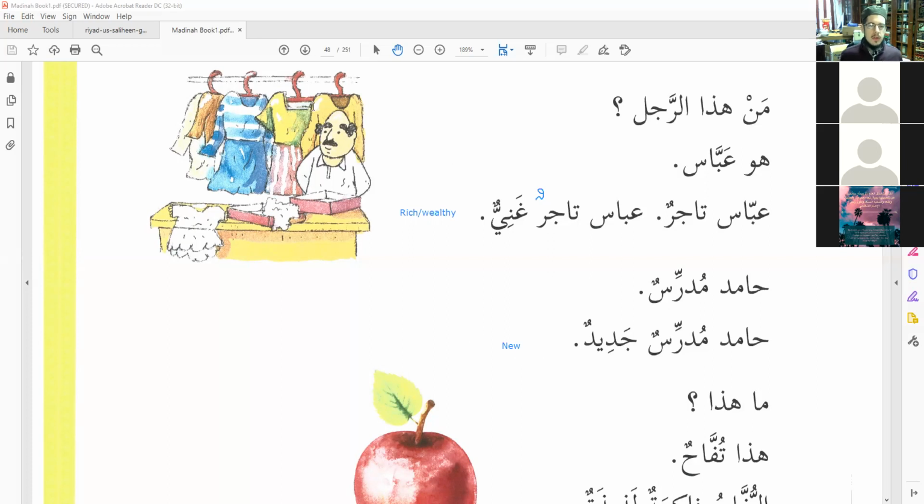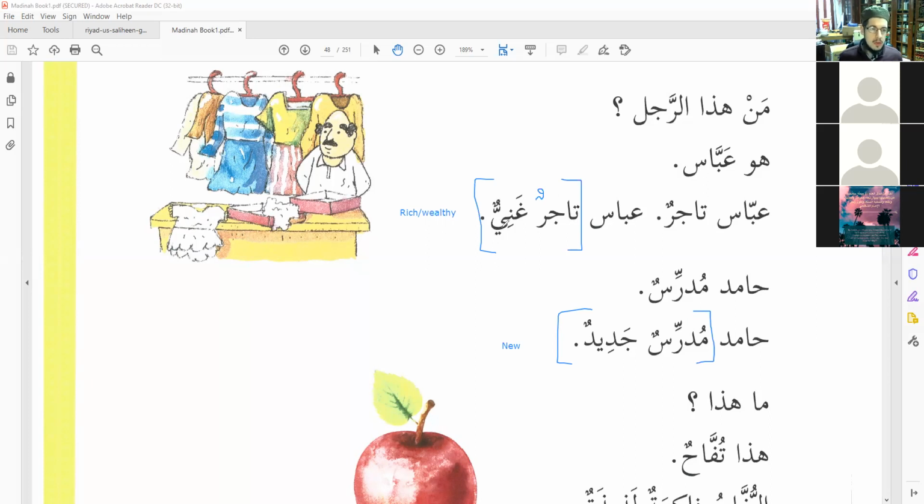Okay, so we see that our 2 pairs of sifa mawsuf here are tajirun ghaniyun, mudarrisun jadidun. Notice how they agree in all 4 things that we have mentioned before. So do they agree in gender?